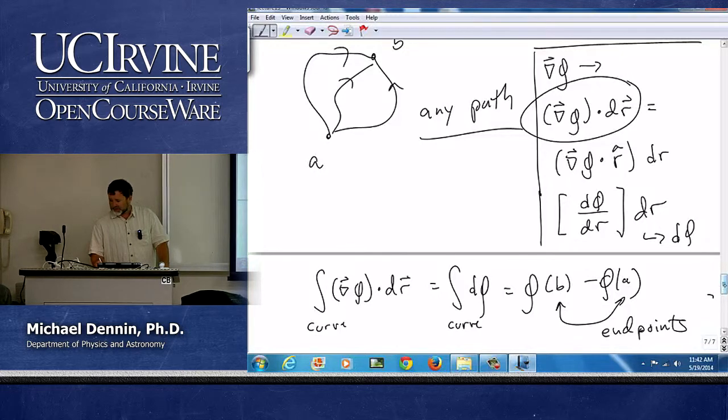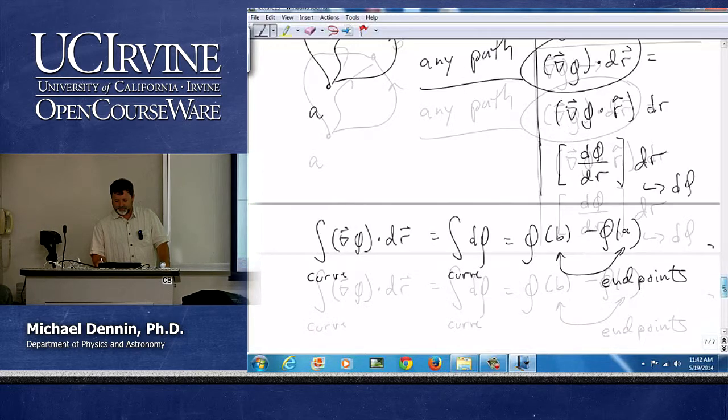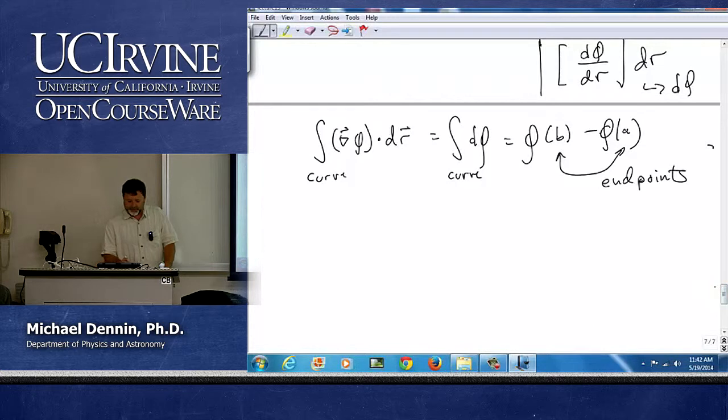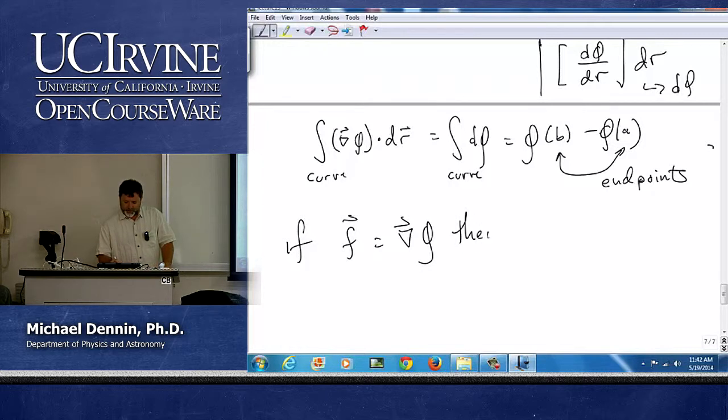And the ultimate connection, of course, is that if the function f is the gradient of some function phi, then f dot dr is a total derivative.